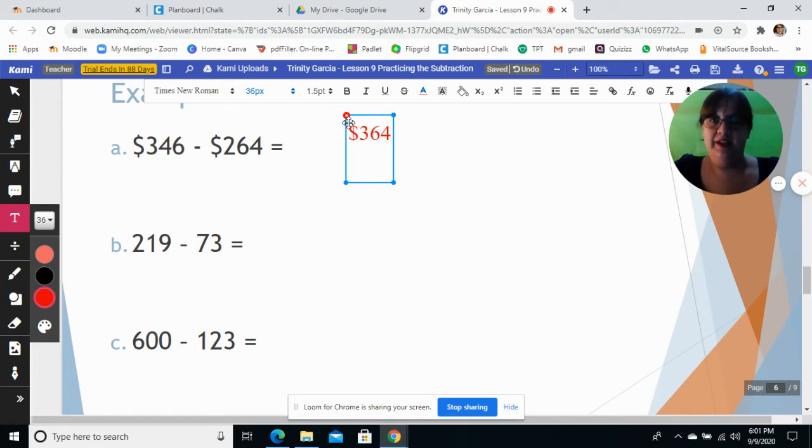346 minus, sorry, I did that wrong. 346 minus 264. Okay, there we go. Now, I'm just going to draw the line right under it.